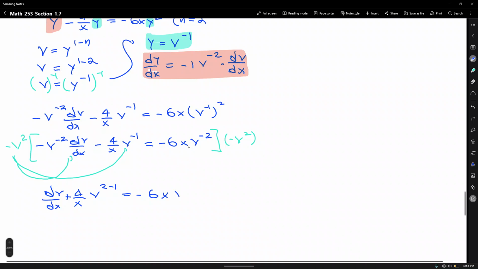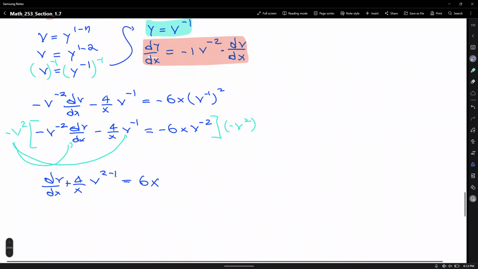What about this v to the negative 2 times v to the positive 2? The v's cancel out, and negative times a negative is positive, so 6x. So that is dv/dx plus 4 over x v equals 6x.